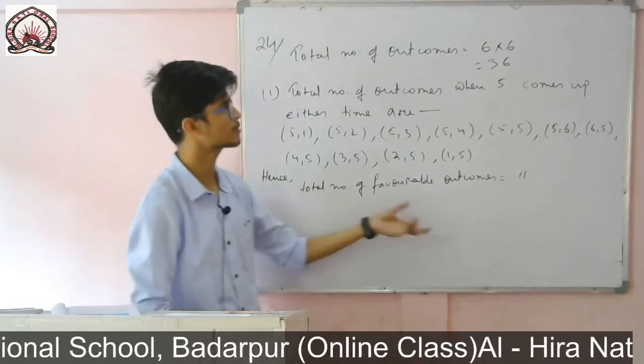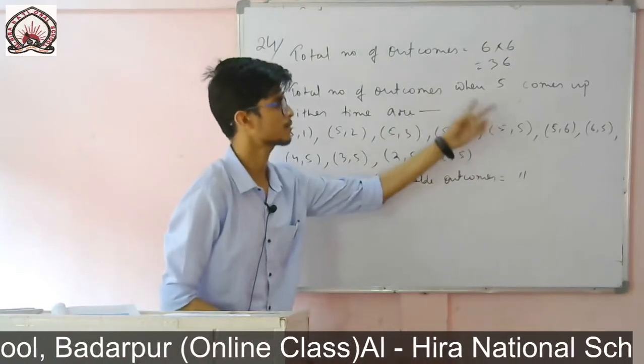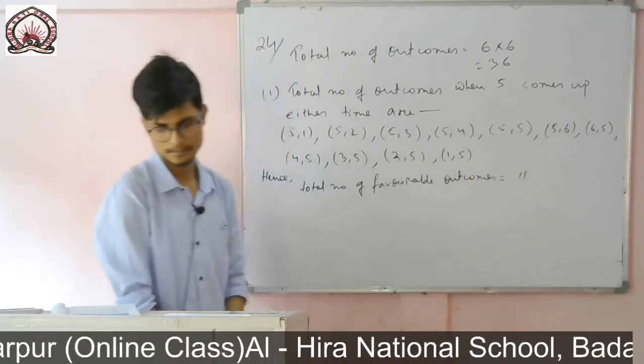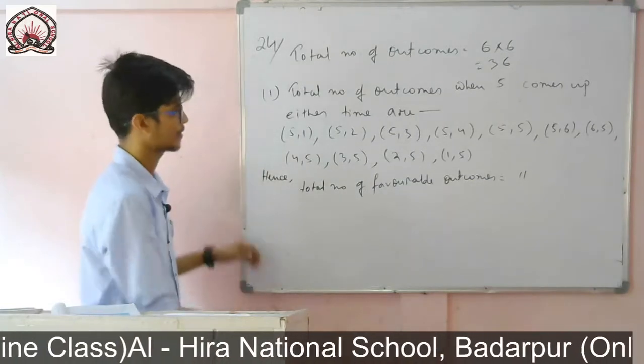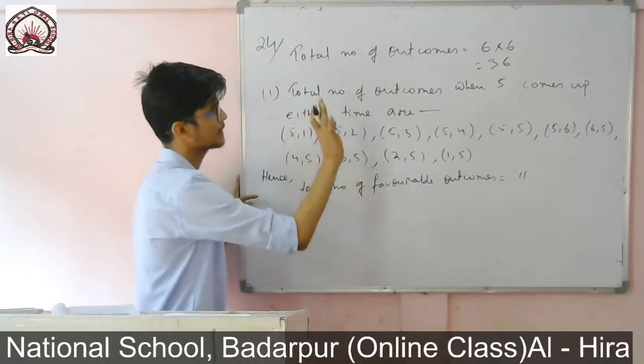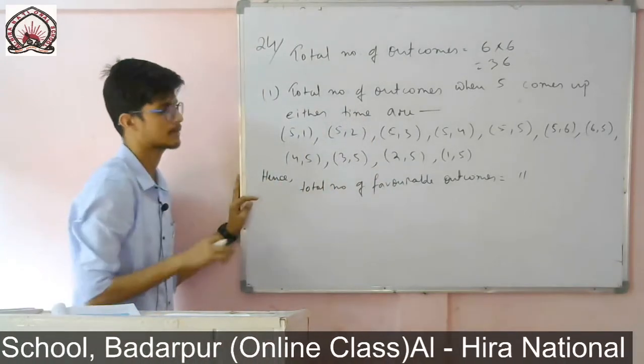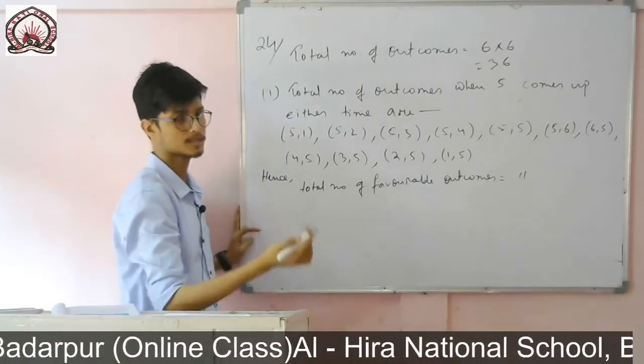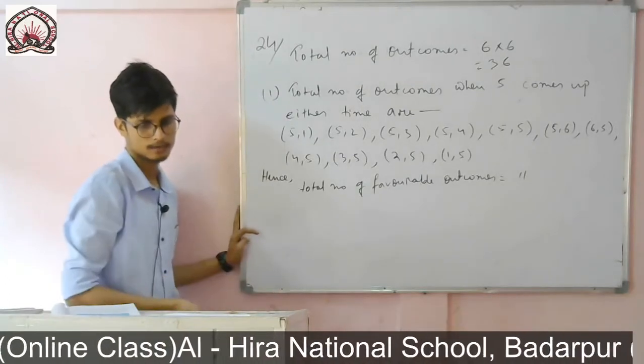So directly also you can find it, if I simply subtract 11 from 36, or I can do it either way. First let me find the probability that 5 will come up either time, then by subtracting from 1 I can find that it will not come on either face.